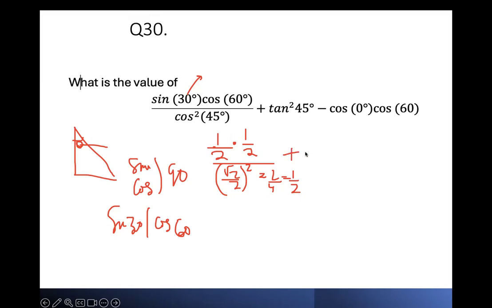So this is plus 1. The cos of 0 is also 1. And cos 60, we know, is half. So this is times half. That will be what? Half here, like that. Now, simplify. We have 1 over 4 times 2 over 1 plus 1.